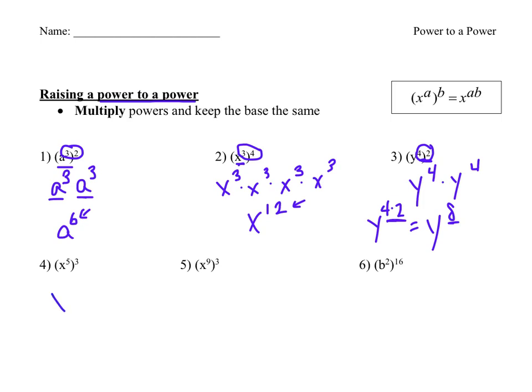So again, x to the fifth is 5 of x to the fifth, x to the fifth, x to the fifth, 3 times. So that's x to the 15th, or 5 times 3. So this one is just x to the 20th, because I can multiply. x to the 27th, and this one here is x to the 32nd.